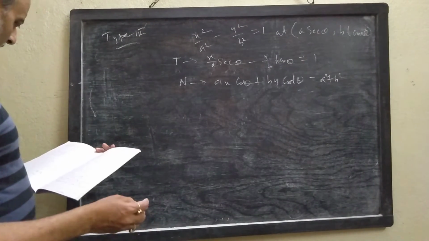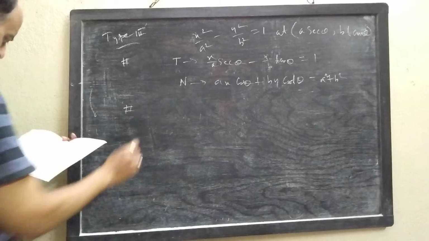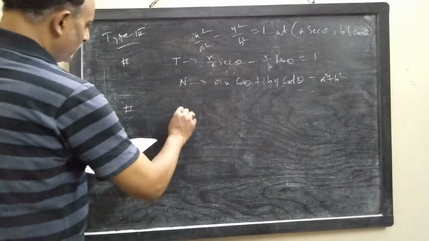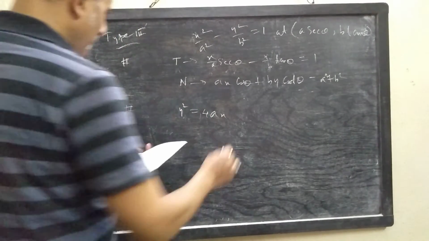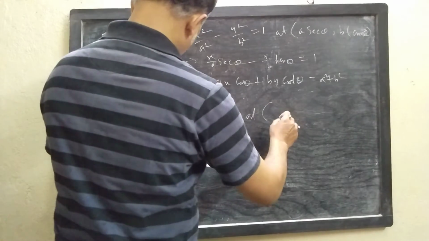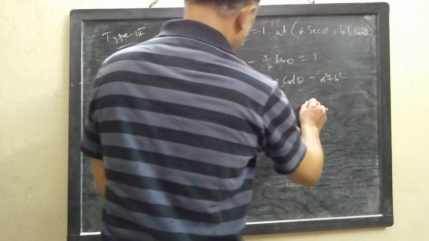Similarly we can find this. This is one problem, another problem, homework. Find the equation of tangent and normal to the parabola at the point a by m square comma 2a by m.